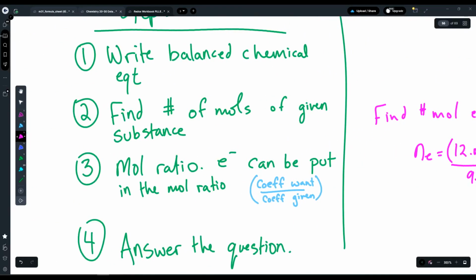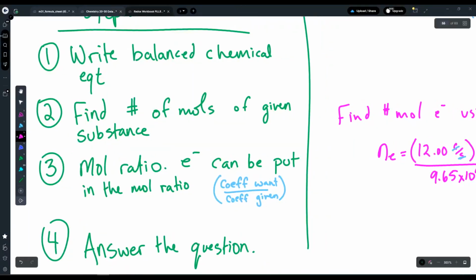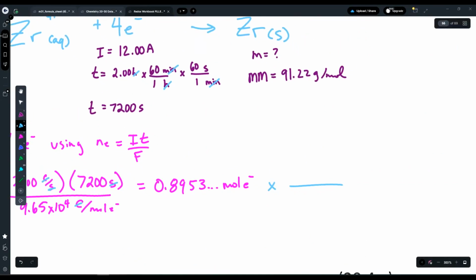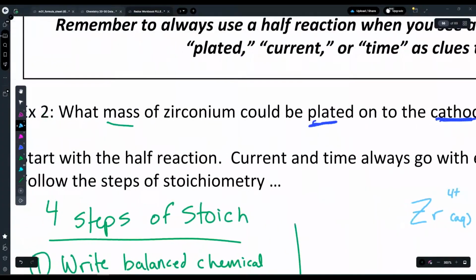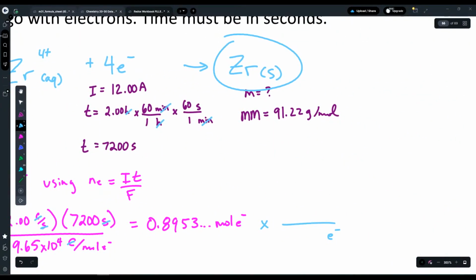And now we need to do step 3, which is mole ratio. So coefficient of what we want divided by coefficient of what we are given. So times by fraction sign. We're given electrons, so that's coming from here. And since it's asking us for the mass of zirconium, we are going to want this.